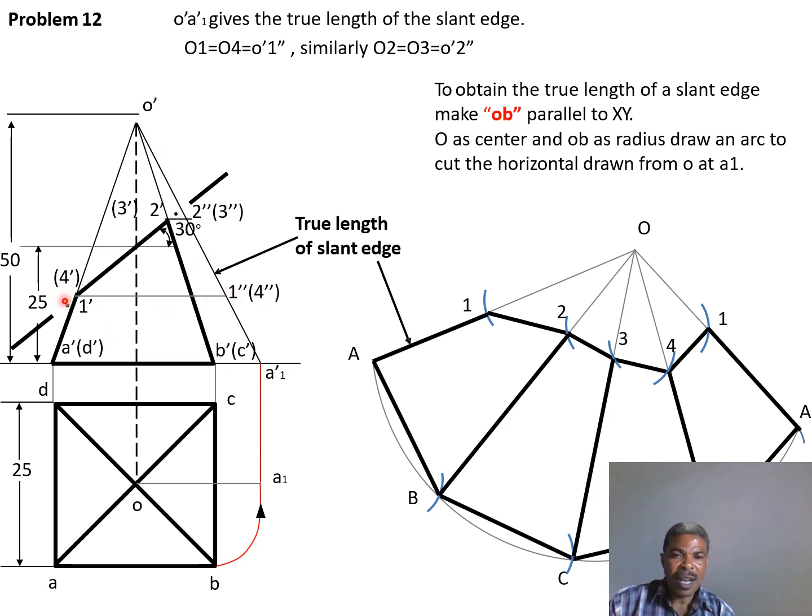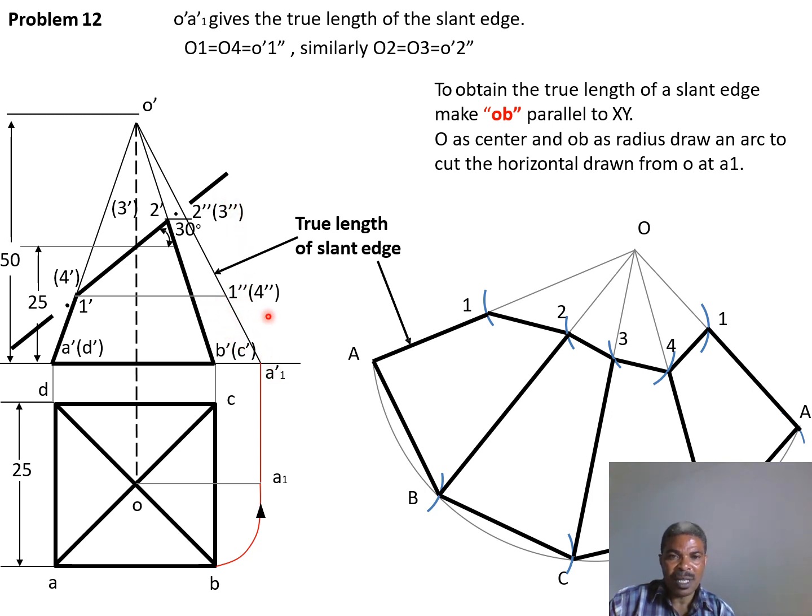All these points have been projected. These points are projected horizontally until they touch the slant line. This is the slant line, the one that we have used for drawing the development here. So you have to transfer these points until they touch this very line of our interest. Points 1 and 4, 2 and 3, they are here.